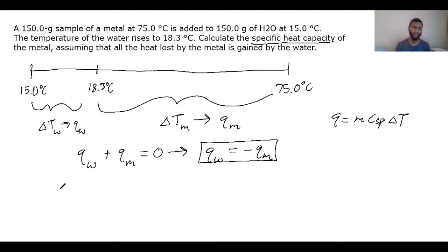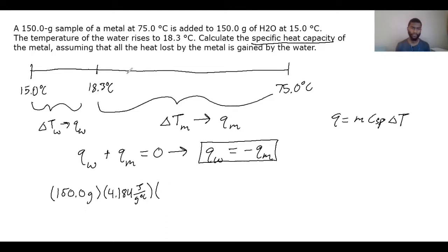All right, so we've got our heat of the water is going to be equal to 150 grams of that water. Okay, we're going to take the specific heat capacity of water, which is 4.18 joules per gram Celsius, and then we've got a temperature change, which is going to be final minus initial.